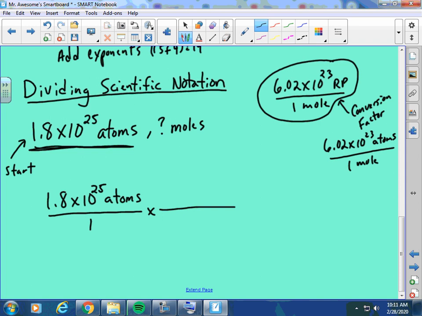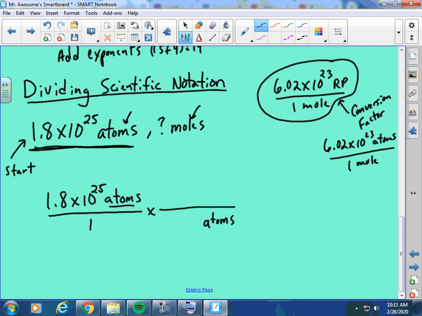How do we know which one's needed? Well, when we do dimensional analysis, it's all about units. So whatever units I start with, I want those units to be on the bottom of my conversion factor. Because really what we're trying to do in dimensional analysis is cancel out the units we start with to get new units that we're looking for. In this case, we're starting with atoms, and we want to convert that to moles.